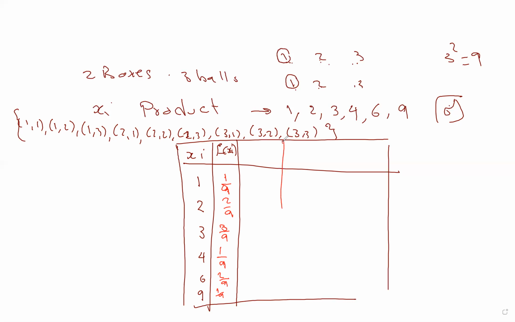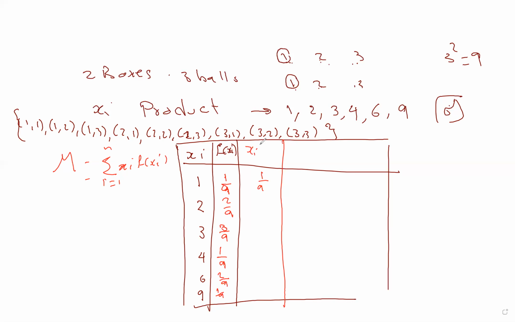If you need mu, you know mu is the sum of xi times f of xi from i equals 1 to n. So you need the product of them. 1 times 1 over 9 is 1 over 9.